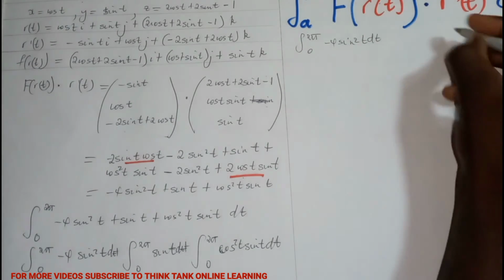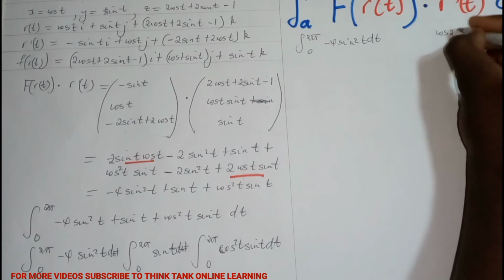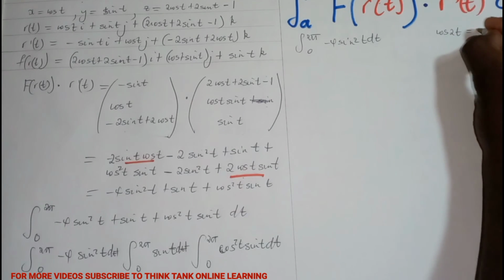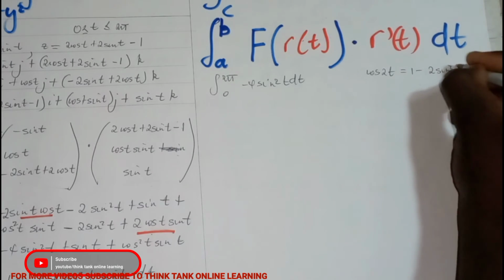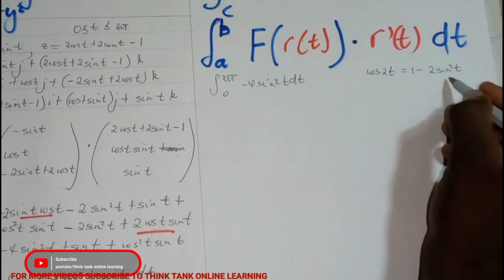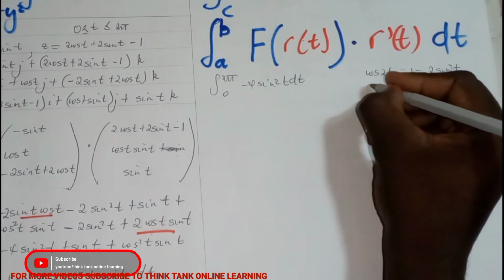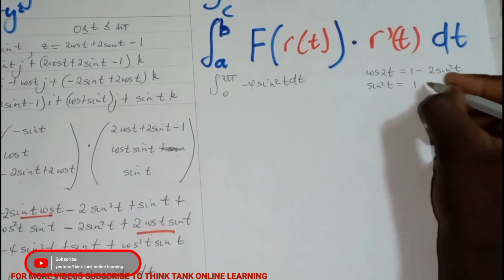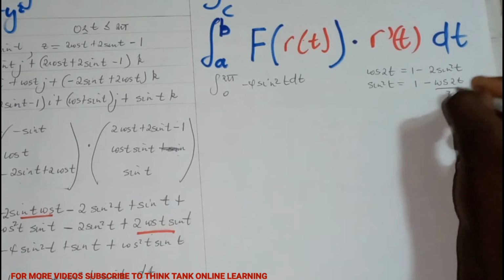We know that cos 2 theta, in this case cos 2t, is equal to 1 minus 2 sine squared t. So if we take sine squared t out of the formula, we get sine squared t is equal to (1 minus cos 2t) divided by 2.